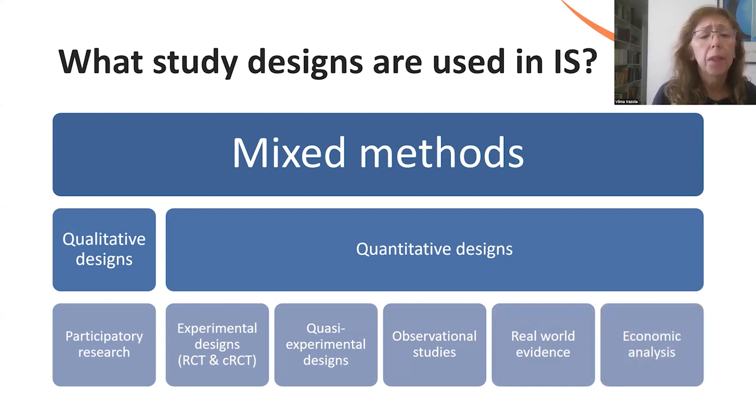Economic analysis of different types such as cost-effectiveness analysis, return on investment analysis, and so forth are also frequently applied. So, this list of study designs is not exhaustive, but I'd like to get across the concept that in implementation science we use a wide variety of study designs, both quantitative and qualitative.